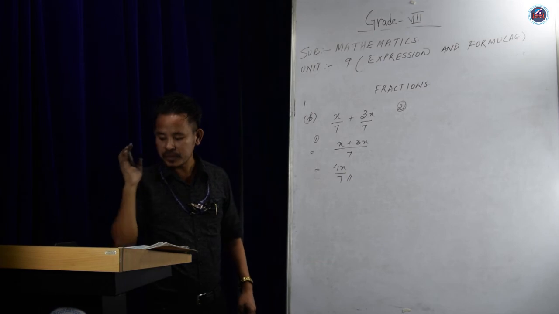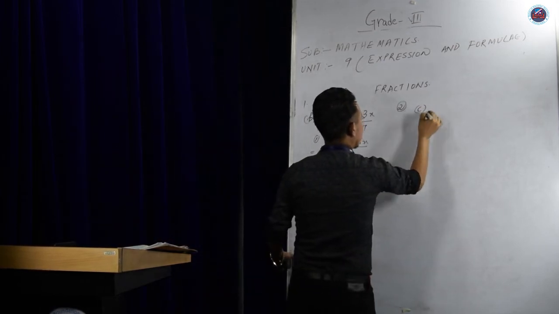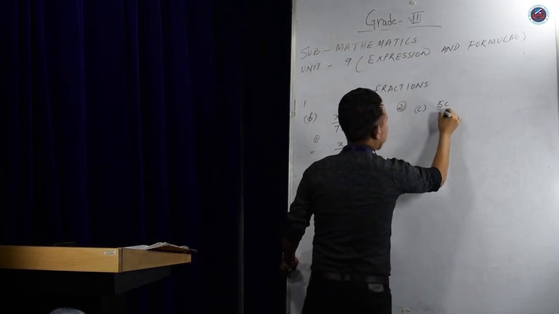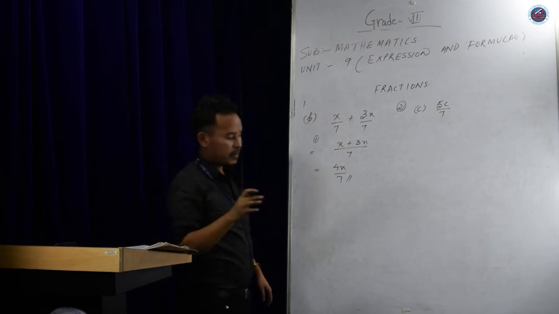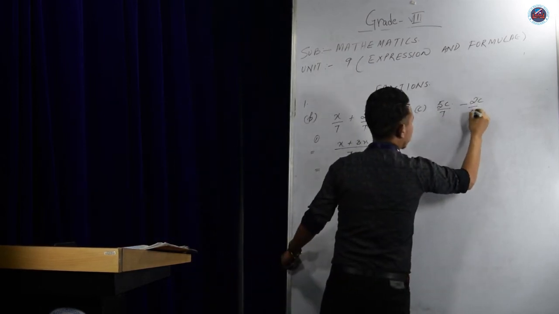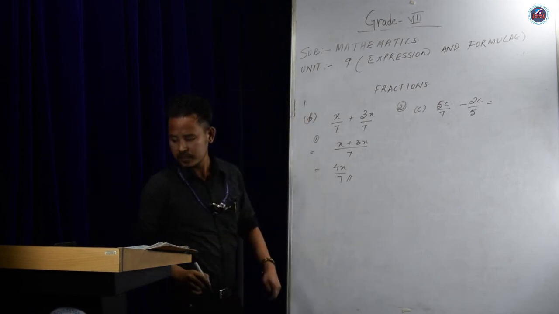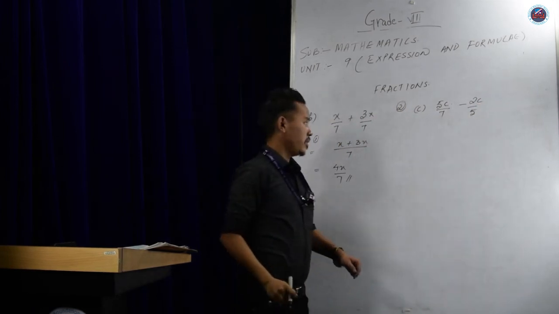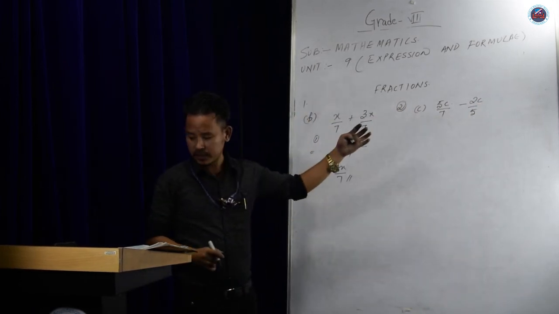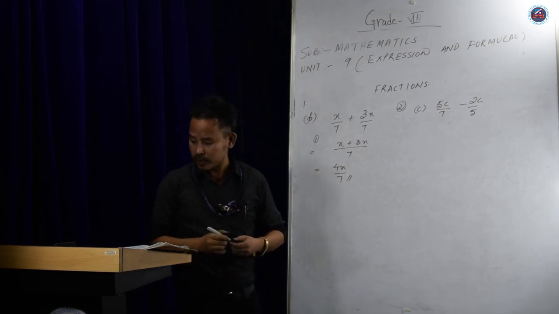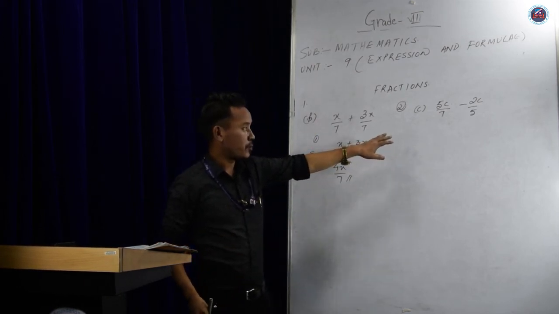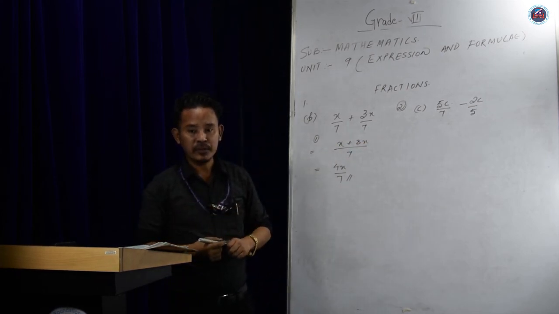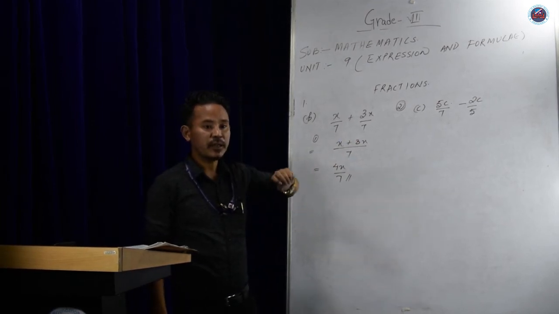So let me do number C. That is 5c by 7 minus 2c by 5 gives us... Okay, since in the textbook they have given the sums where boxes are given, rather than just straight away writing the answer, I would recommend you try to solve it in the rough column and then try to figure out the answer.